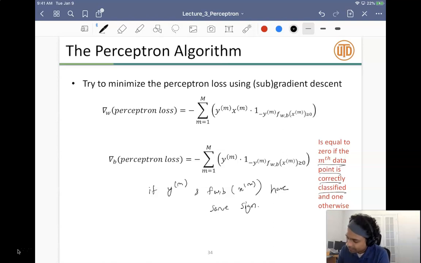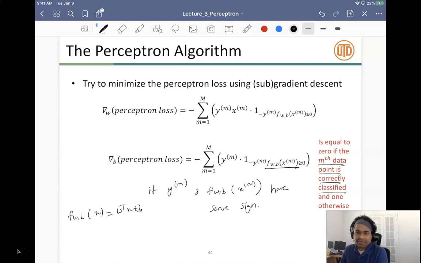And again, recall that fwb over here is just this linear function. It's not the signed f. I think it's a little bit confusing, as I've also used f to be the sign, but in this case I'm not referring to the sign. I'm referring to the linear function. So fwb of x is basically w transpose x plus b.